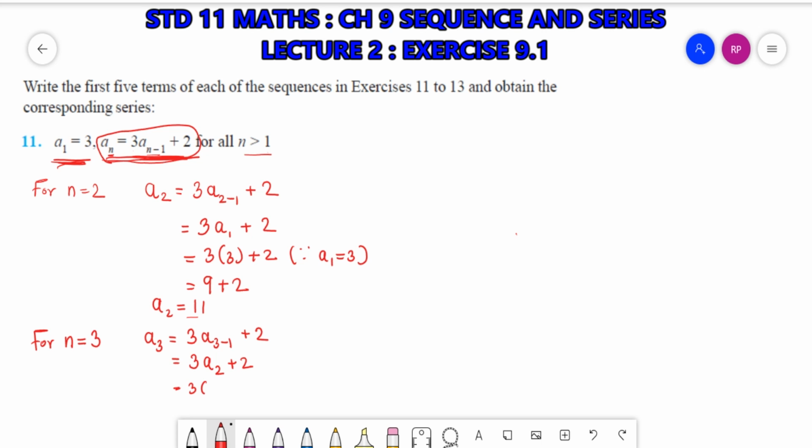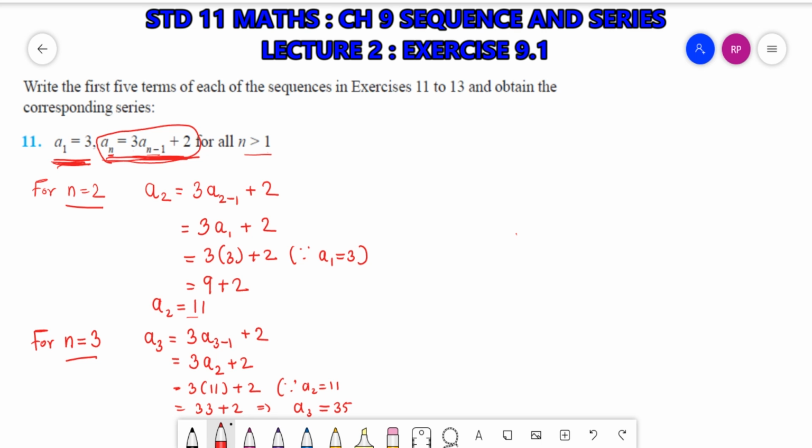So 3 into 11 plus 2, because a2 is equal to 11. So 3 into 11 is 33, plus 2, so a3 is equal to 35. So this is the third term. n equal to 2 is the second term, n equal to 3 is the third term.